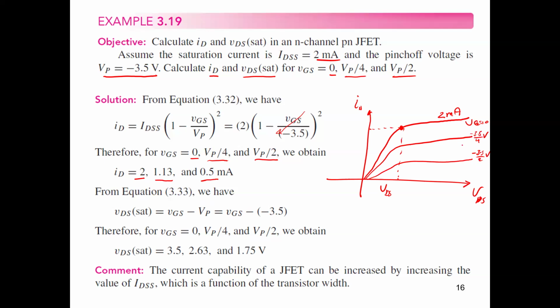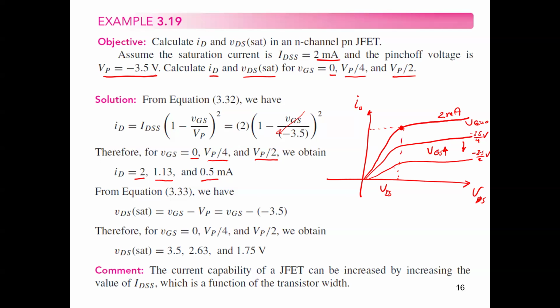As you can see, guys, this is the direction of VGS increasing until we have VGS equals VP, and it will be completely turned off, which is VGS equal to the pinch-off voltage.